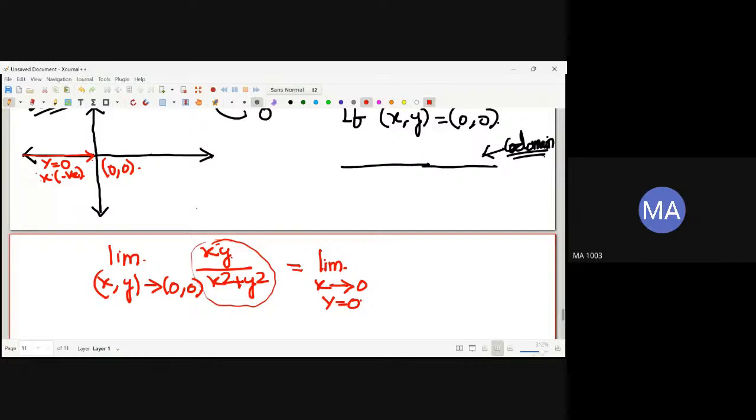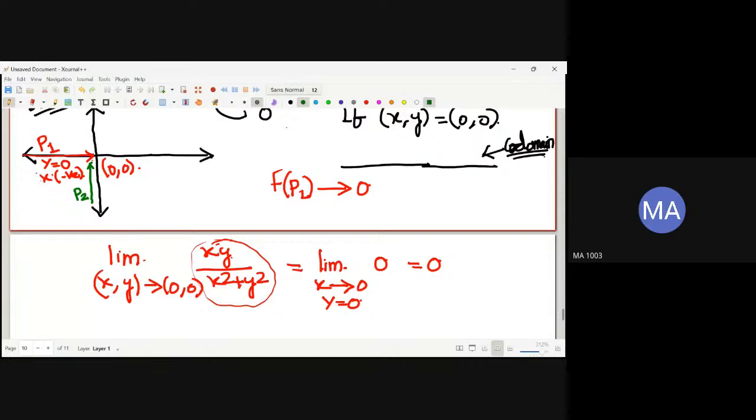Let's take one more path, p2. In this case x is 0 and y is going towards 0. So this is the limit when I'm using path 1.